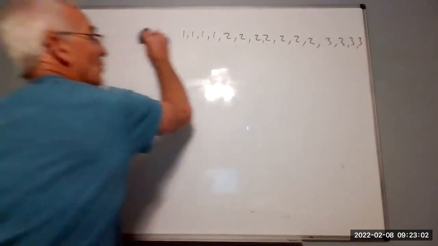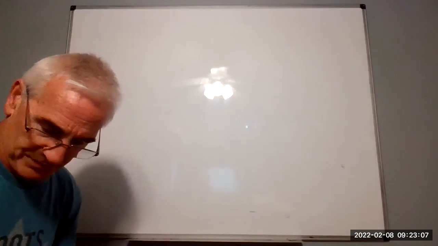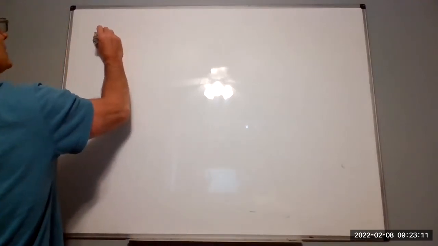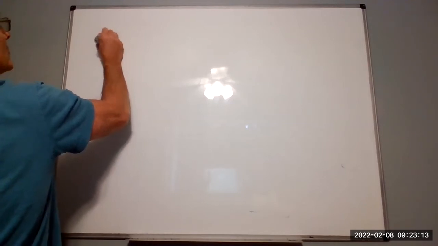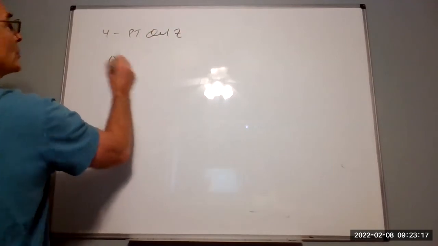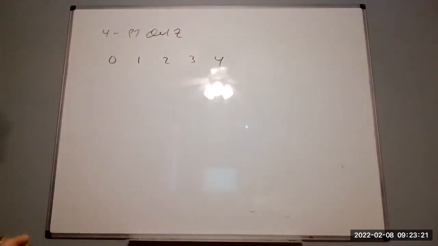Or I'm going to do a different one, but a similar one. Okay. So let's suppose we'll keep it simple. Let's say we have a 4-point quiz. So the point you can get 0, 1, 2, 3, or 4. I want it to be a completely new example this time.